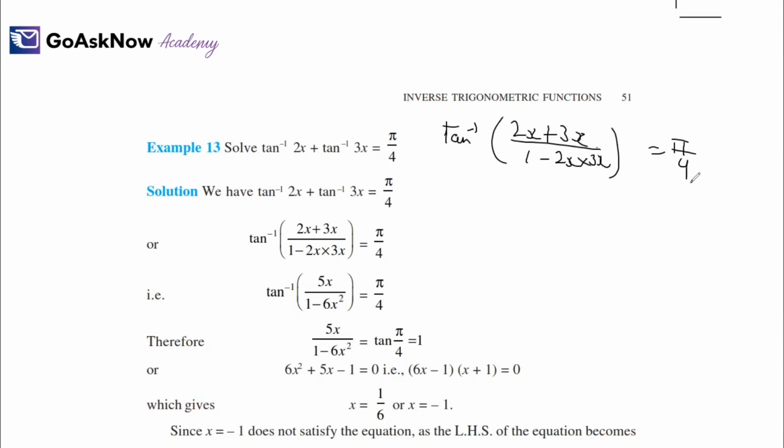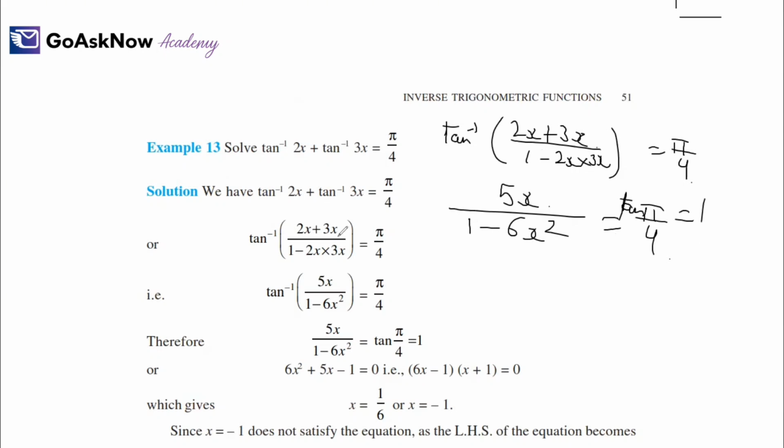I hope you got this. Now solve further and add the like terms. 5x will become the numerator, and here it will become 1 minus 6x square, equal to pi by 4. Taking tan of both sides, tan of pi by 4 is equal to 1.